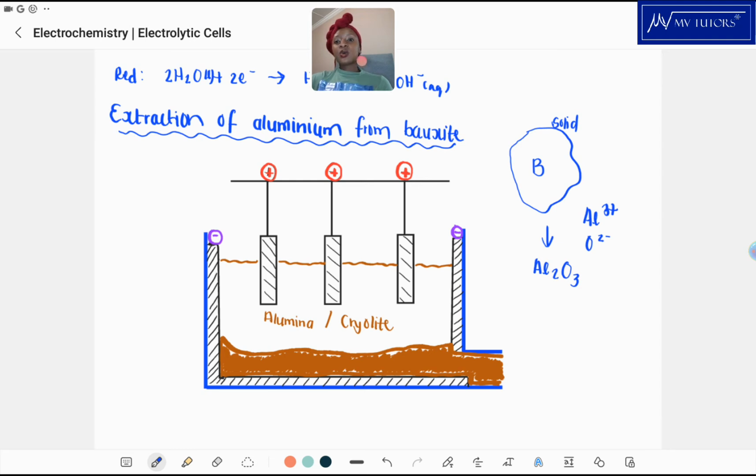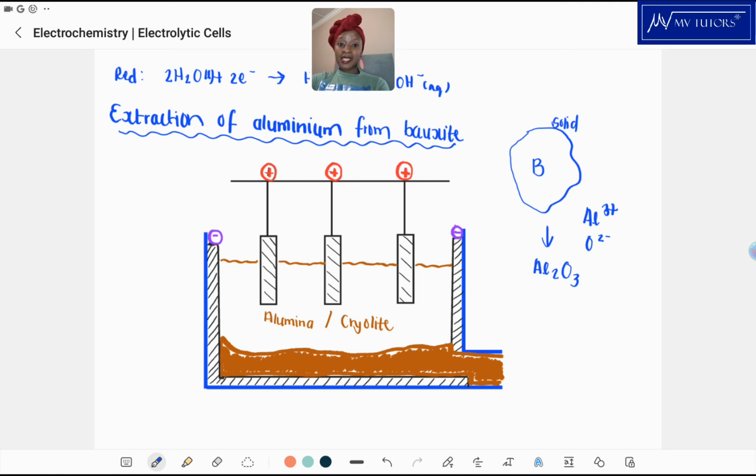Okay, so aluminium oxide has quite a high melting point. If you want to get it to be molten all by itself from that solid, you would need to heat it to more than 2000 degrees Celsius. And that in itself is very costly. This extraction of aluminium is very, very costly.